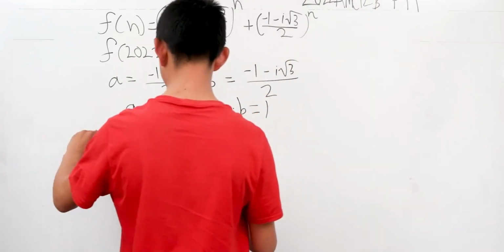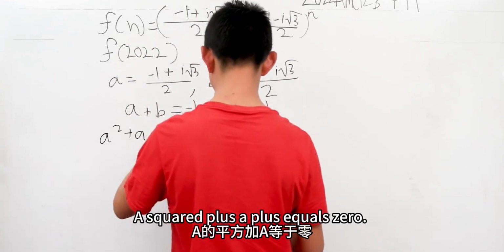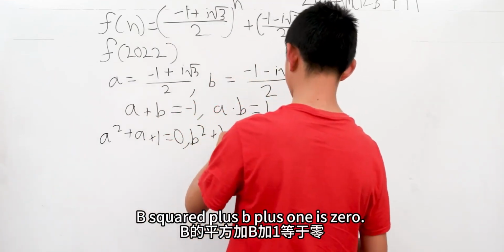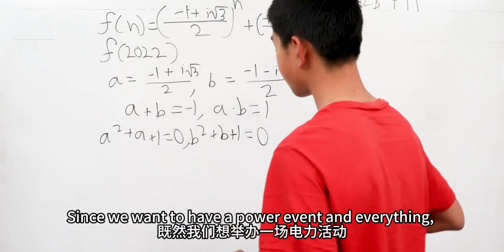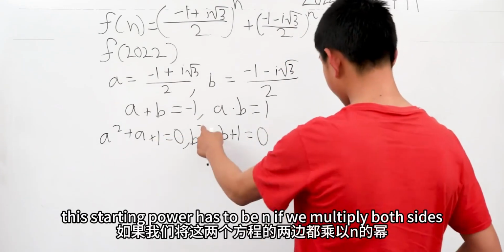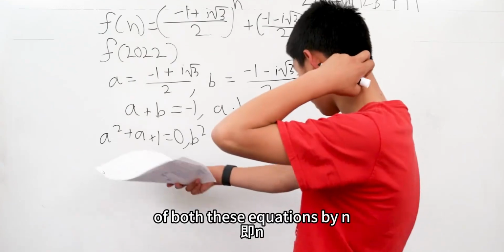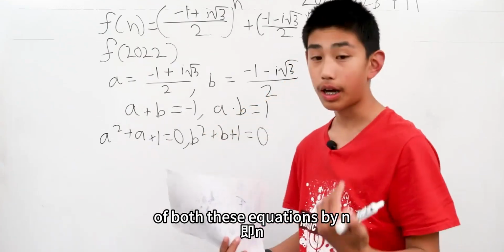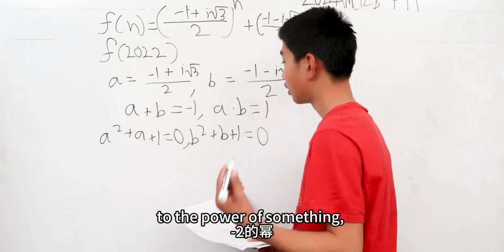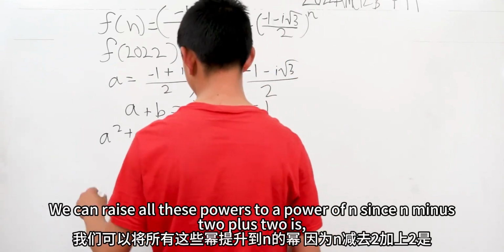So we have our respective formulas here: a squared plus a plus 1 equals 0, and b squared plus b plus 1 equals 0. Since we want a power of n, if we multiply both sides of both these equations by a to the power of n minus 2, and b to the power of n minus 2, we can raise all these powers.